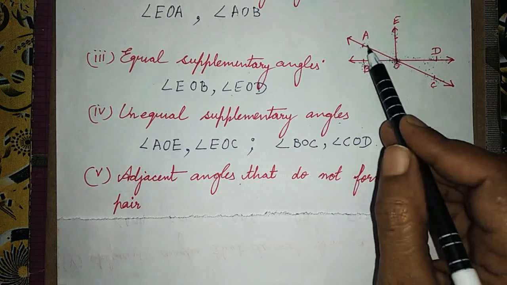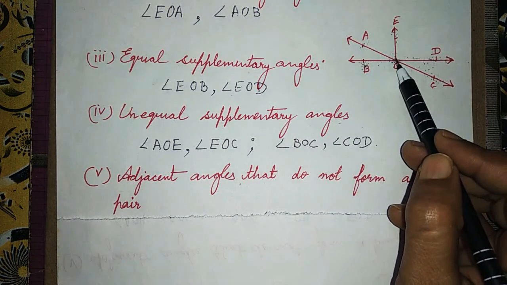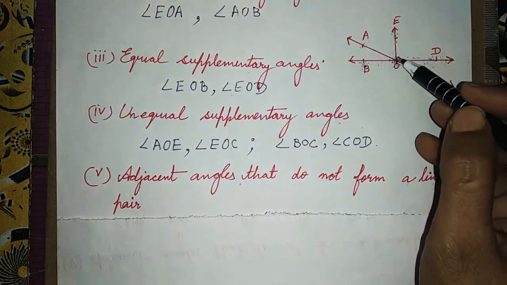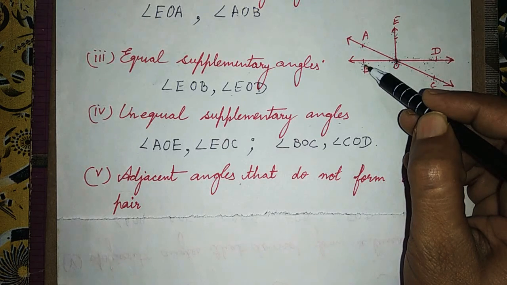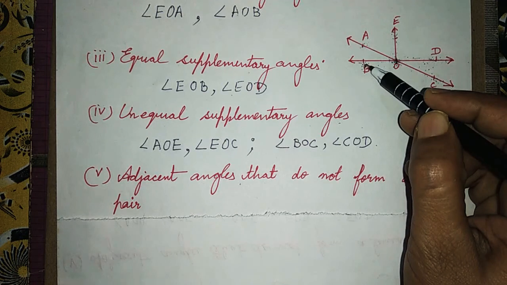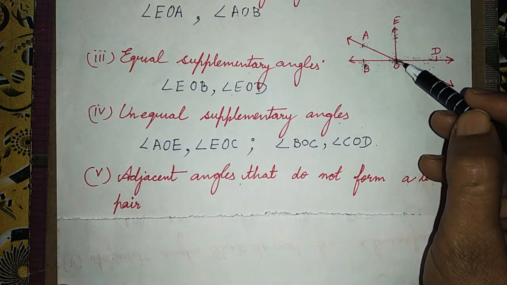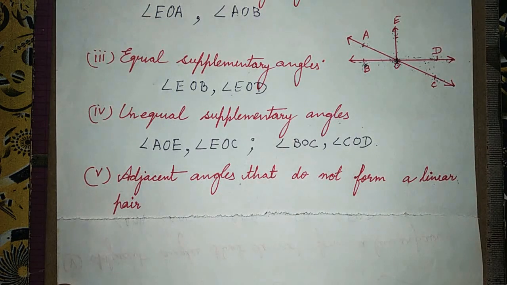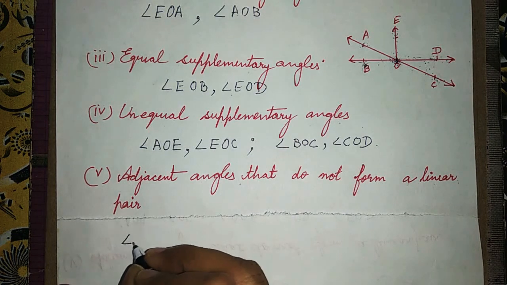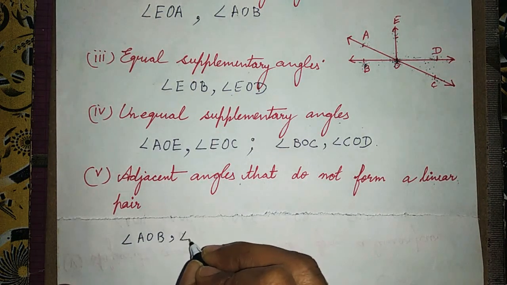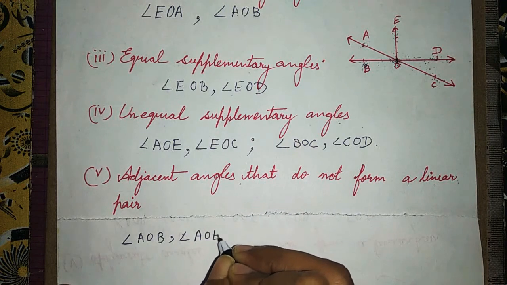Because they both have a common vertex O and a common arm OA, and two non-common arms on both sides of this common arm OA. Here OE and OB are two non-common arms which are on both sides of this common arm OA. So here we can take this pair, angle AOB and angle AOE.